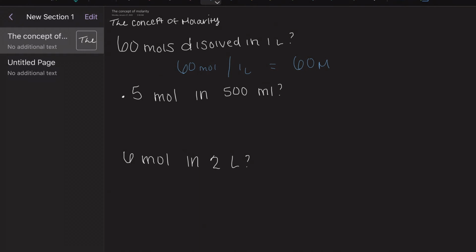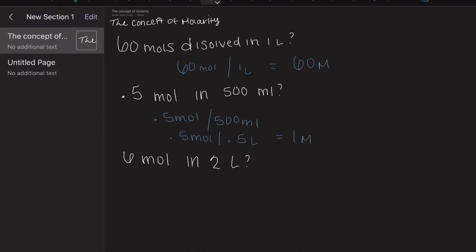What about 0.5 moles in 500 milliliters? We know that we're looking for moles over liters, so what we need to do is change milliliters to liters. So 0.5 moles over 0.5 liters, something divided by itself, is 1.